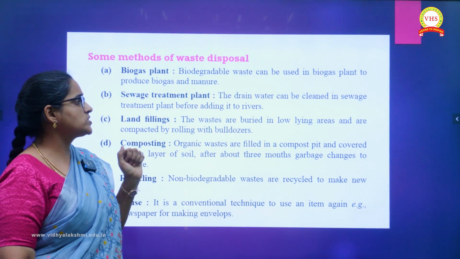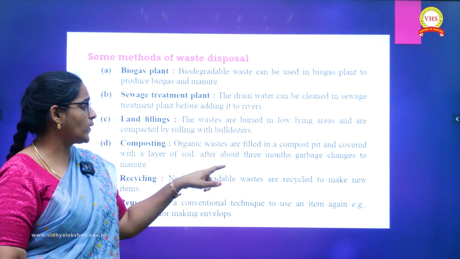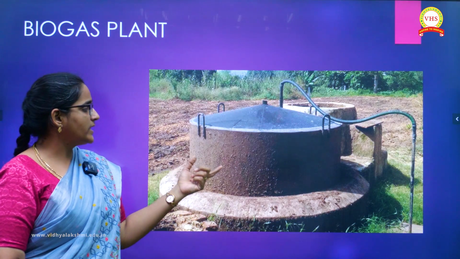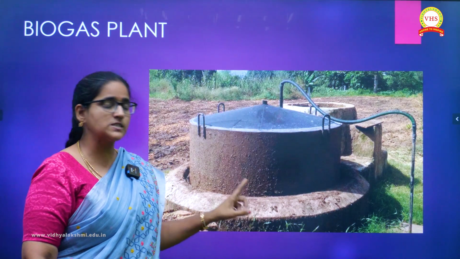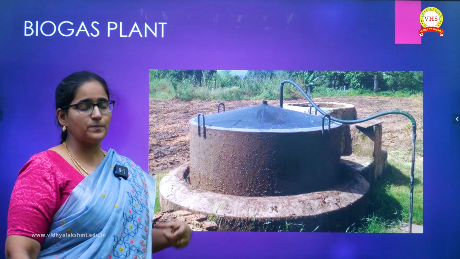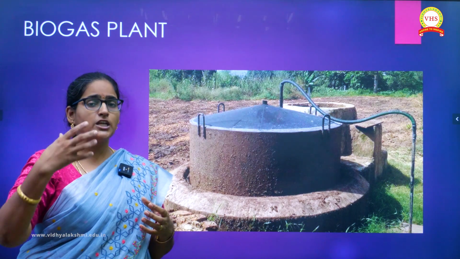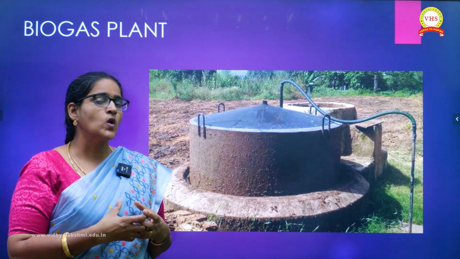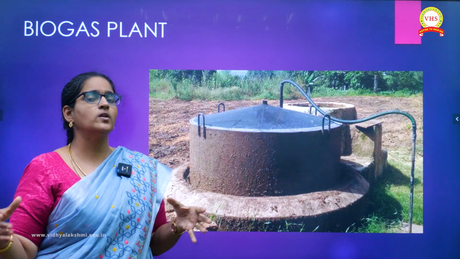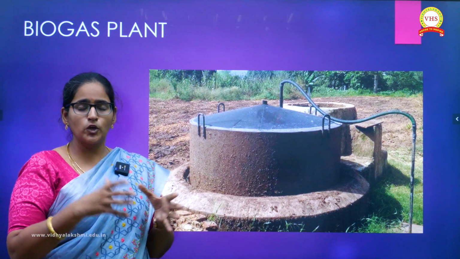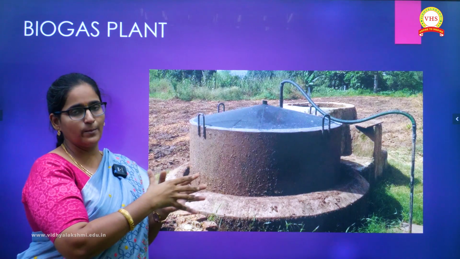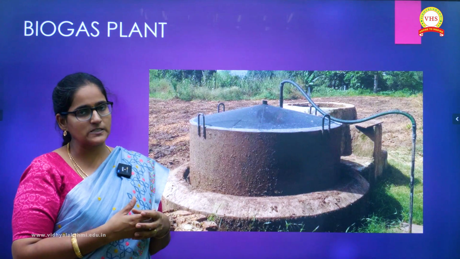Biodegradable waste can be used in a biogas plant to produce biogas and manure. So here is the picture of the biogas plant. This biogas plant will be constructed either near our agricultural area or near the residence of a farmer, where he can accumulate more biodegradable waste nearby.